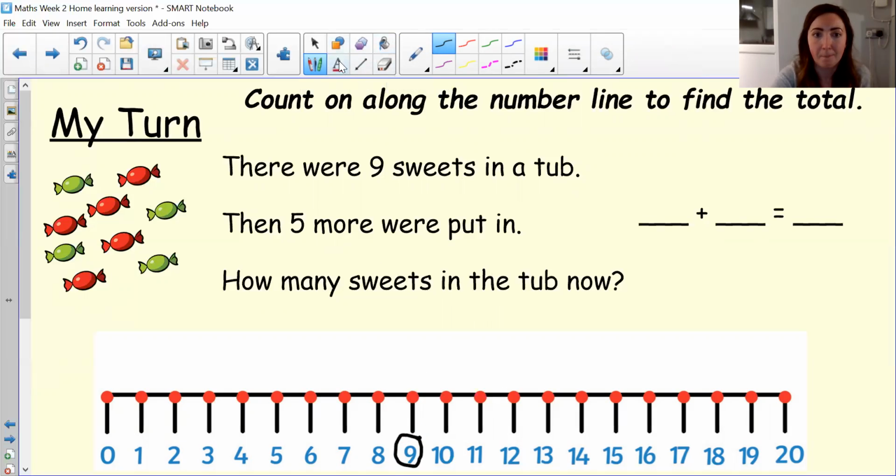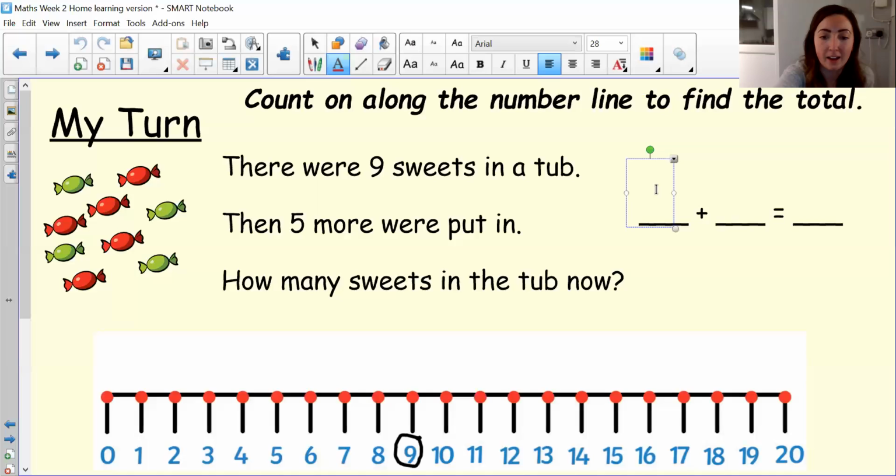Okay, and then here for my number sentence, I'm going to start with the number 9. Okay, so 9 sweets in a tub. Then 5 more were put in. Okay. So if I want to add some more, what do I need to do?